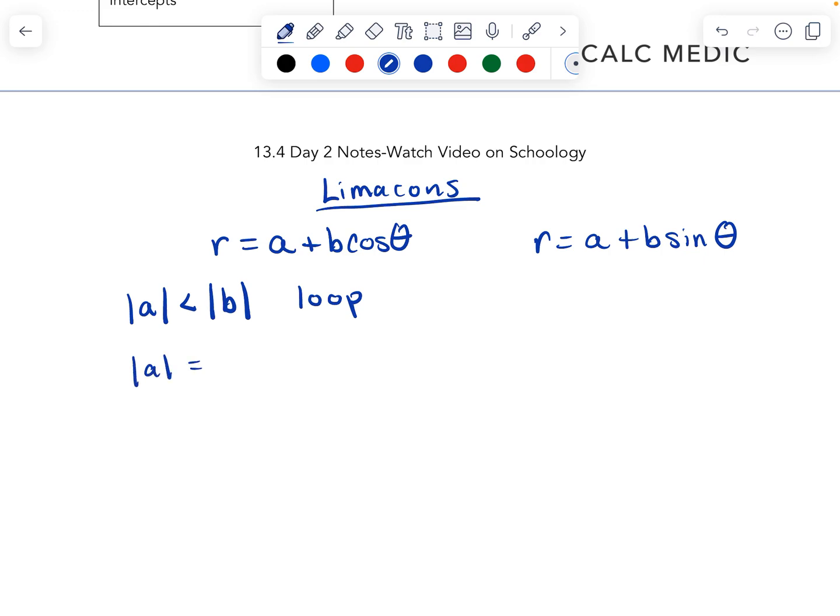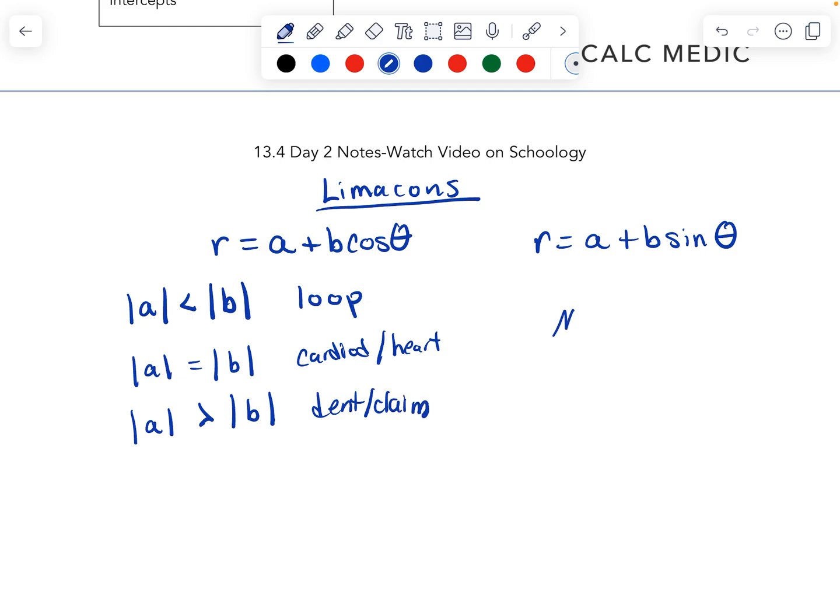When a was equal to b, it's something called a cardioid, which is like our heart. And when the absolute value of a was greater than the absolute value of b, it made that dent, or the clam.